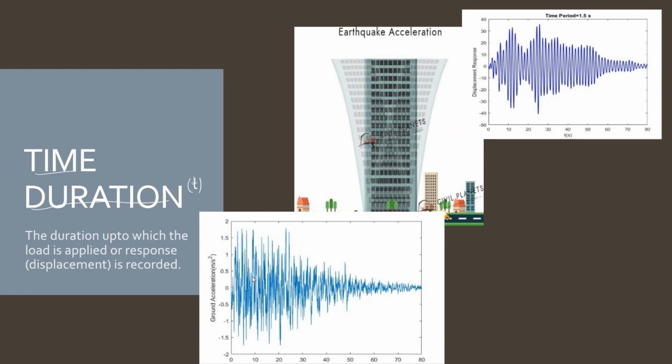That earthquake is acting at the base of a building, so the building will vibrate or oscillate. The oscillation is recorded here. We know that it will have a response, displacement, velocity or acceleration response. Here the displacement is recorded.